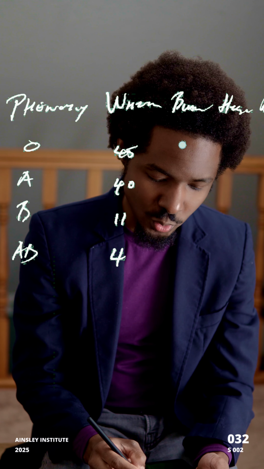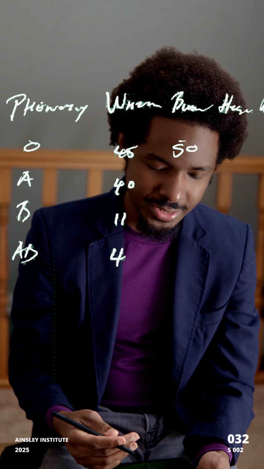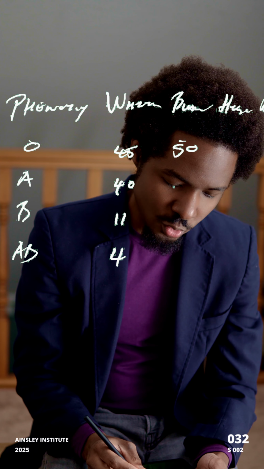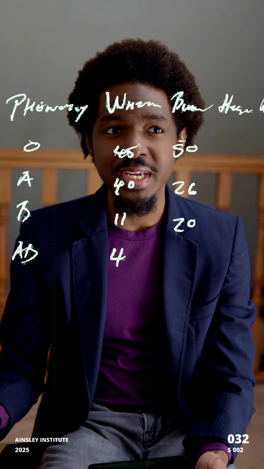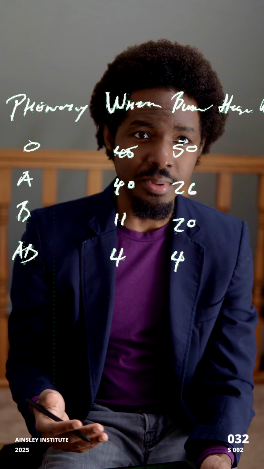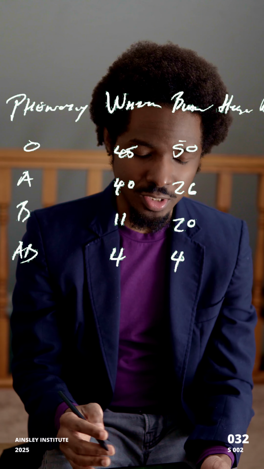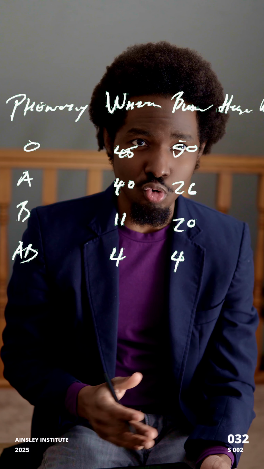For the blacks, we have 50% O, so the majority of the black population is O. Then we have 26% being A, then we have 20% being B, and we have 4% being AB, just as in the white population. So the black and whites have the same AB ratio.